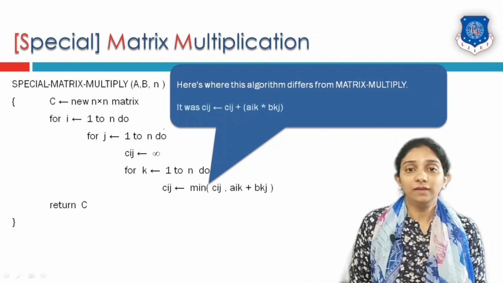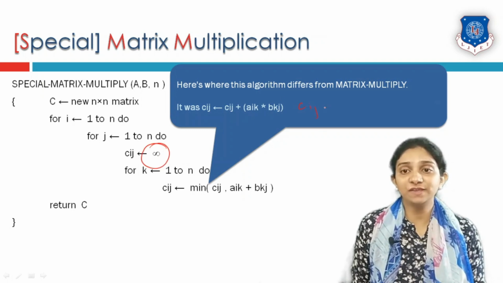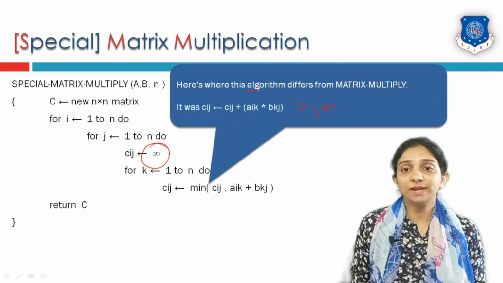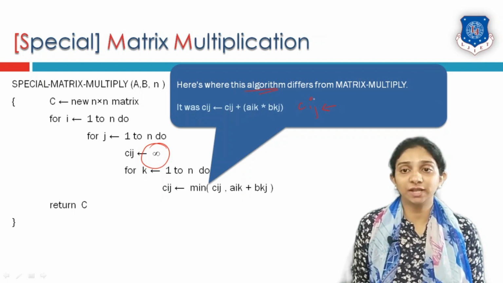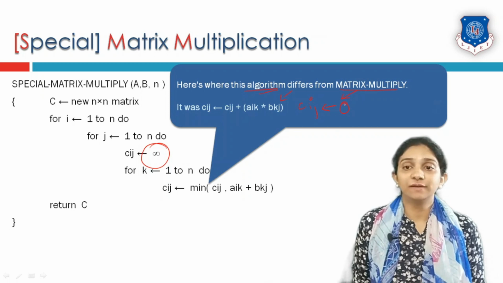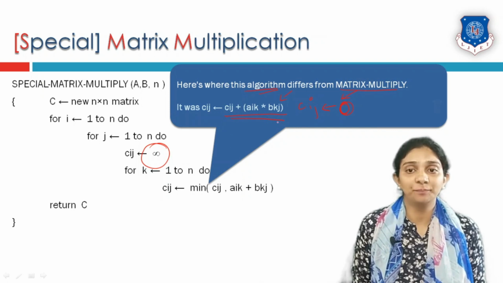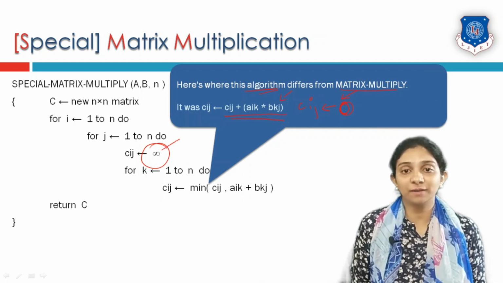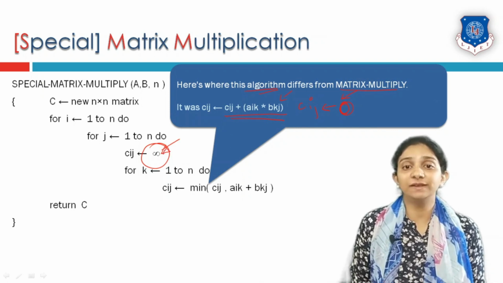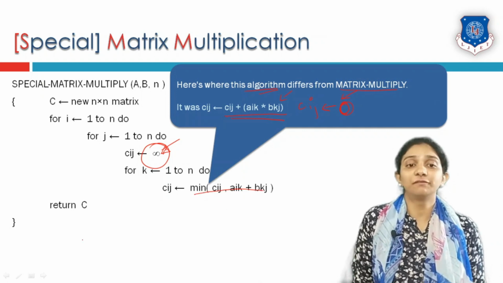Here we are initializing the matrix to infinity, but originally in our traditional matrix multiplication algorithm, we initialize every C of ij to 0. So there are only two differences. In our original matrix multiplication, we initialize to 0 and the multiplication goes with this formula. But here in special matrix multiplication, we initialize with infinity and the multiplication goes with this particular formula.